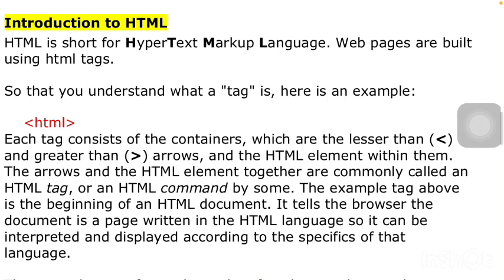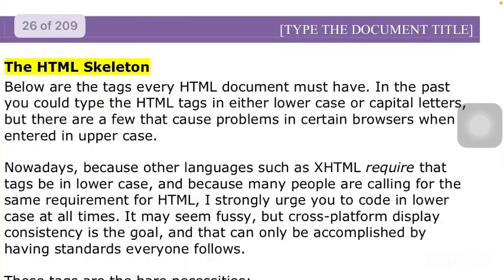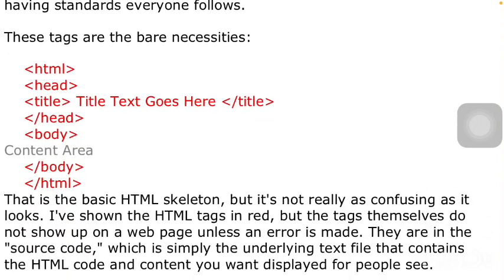Now, when you have saved the file, the first thing you type is HTML inside the angle brackets. That gives instruction to the browser: this is an HTML file. Let's see the HTML skeleton here. That's what I've just said.